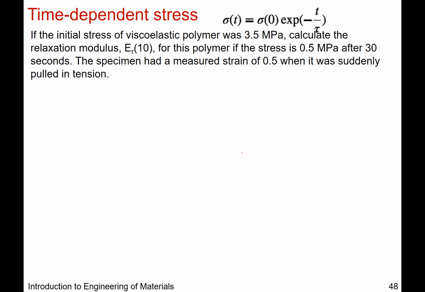Here we have an example of some polymer with an initial stress of 3.5 MPa, so sigma naught is 3.5 MPa. We're asked to calculate the relaxation modulus E at 10 seconds, if the stress is 0.5 MPa after 30 seconds.